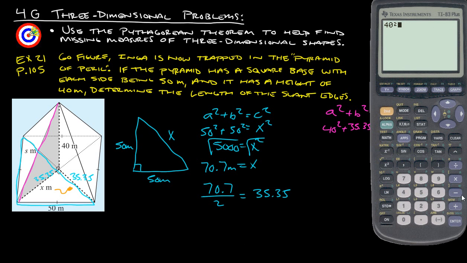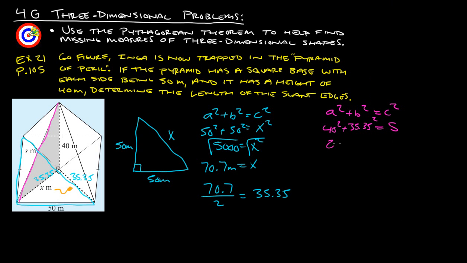Alright, so 40 squared plus 35.35 squared gives us 2849.6 equals S squared, right?